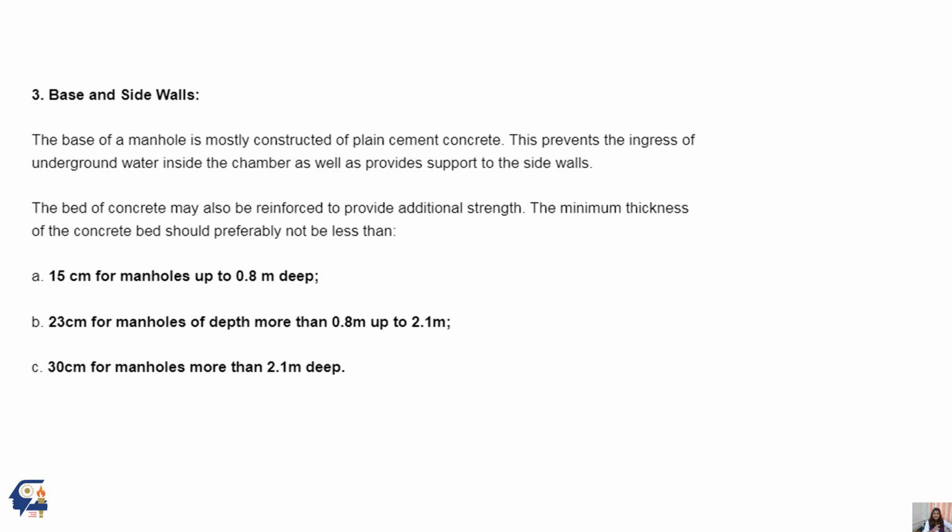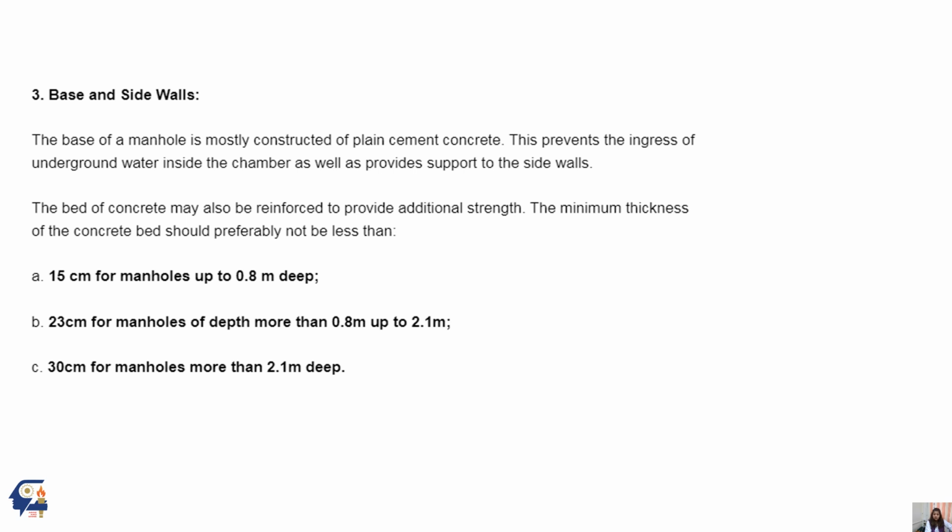Next is the base and side walls. The base of the manhole is mostly constructed of plain cement concrete. This prevents the underground water from coming inside the chamber. It will be supported by these walls.